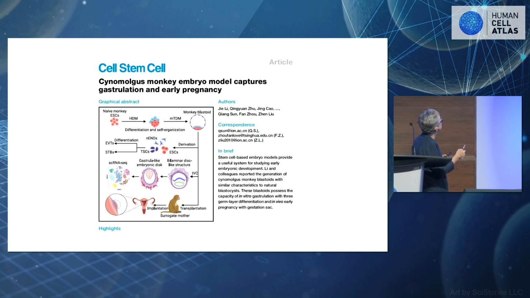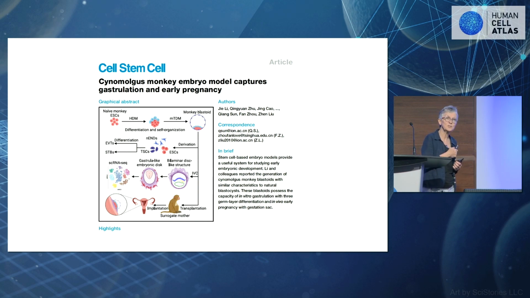They generated TS cells, N cells, and ES cells in various ways in a monkey system, put them together, made a blastoid, allowed it to differentiate in culture, and were able to get structures that look like the early post-implantation monkey embryo. They did single-cell RNA-seq, and they could see some of the components of the early post-implantation stages. So this suggested this is a good model for these early stages.